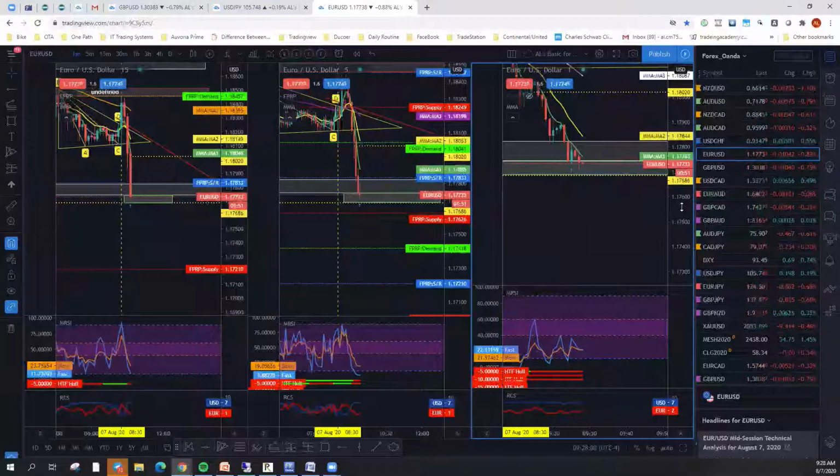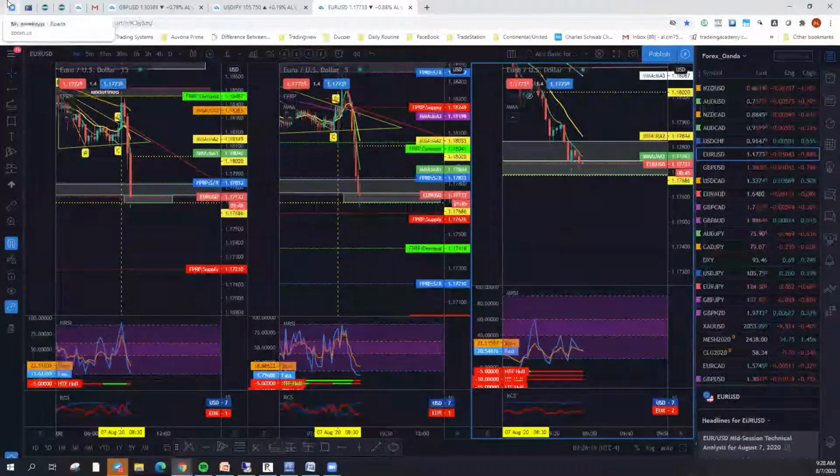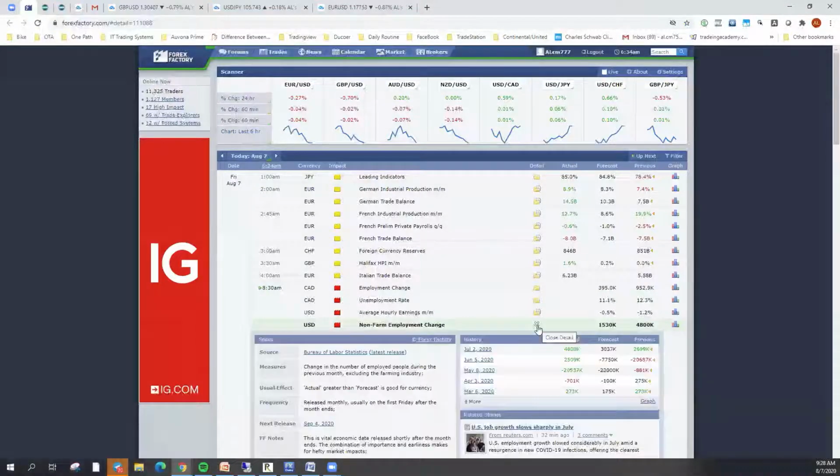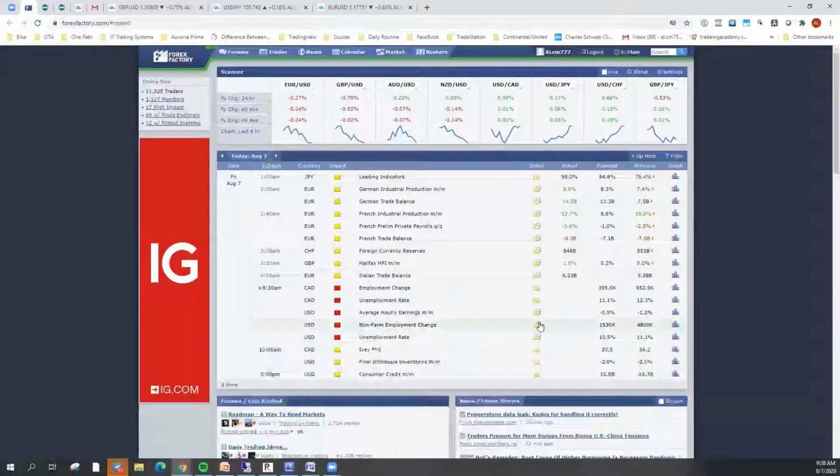Does anybody know what the NFP came out as? We can take a look. Let's see, the non-farm payroll was. Previous, forecast.